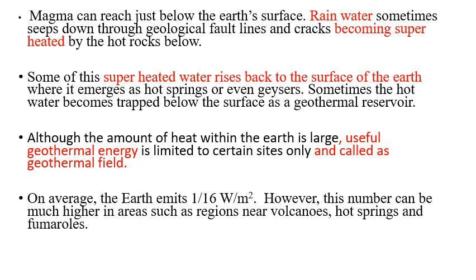However, this number can be much higher in areas near volcanoes, hot springs, etc. But on an average we can say it is 1 by 16 watt per meter square.